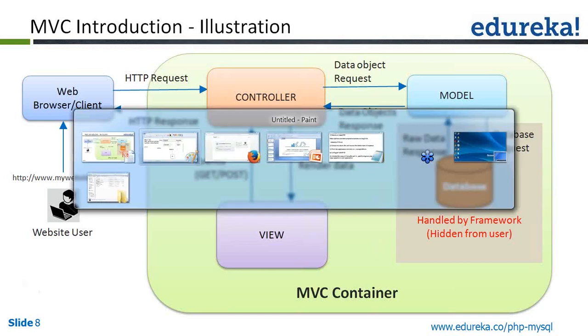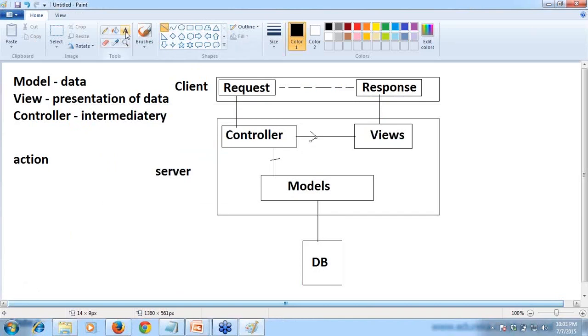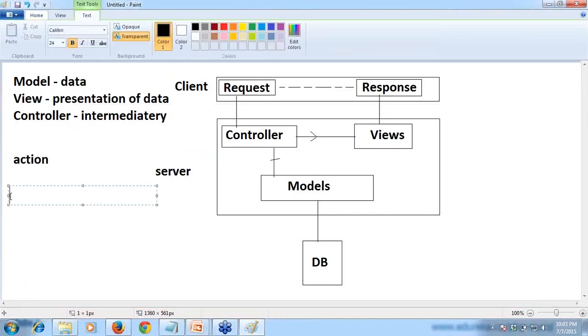So using PHP, based on MVC, we have many frameworks, because PHP's main purpose is web application development. So in an organized manner, if you want to develop, many MVC-based frameworks have been developed using PHP. One such framework is CakePHP. We have Zend framework, which is also based on PHP.